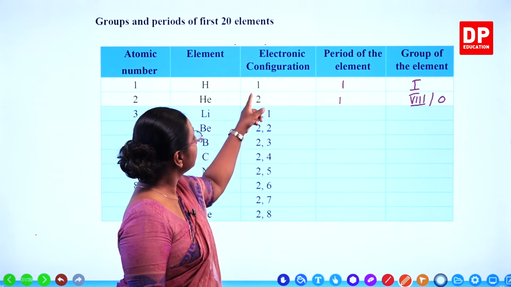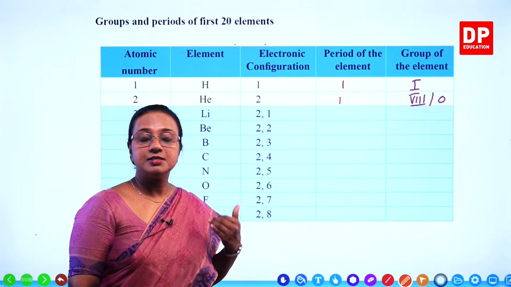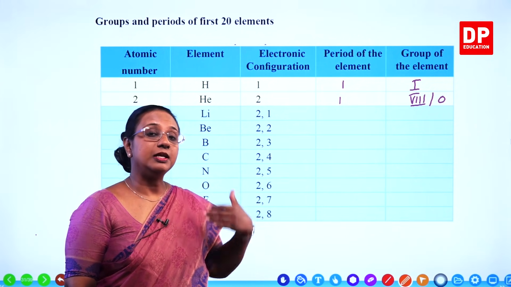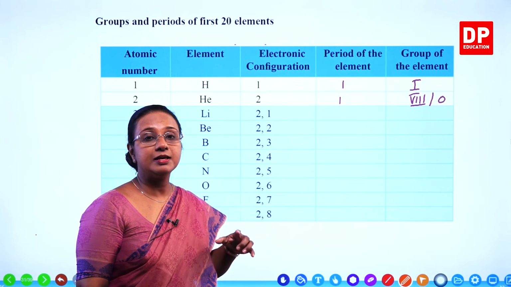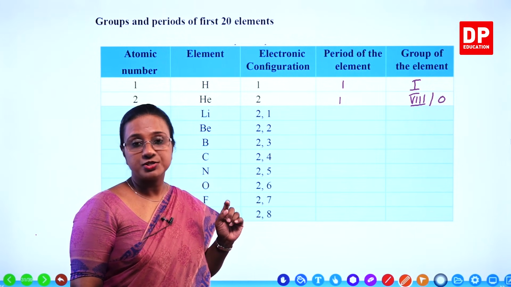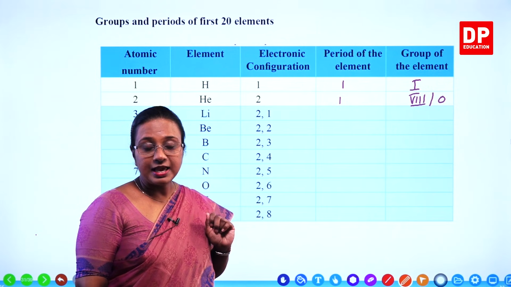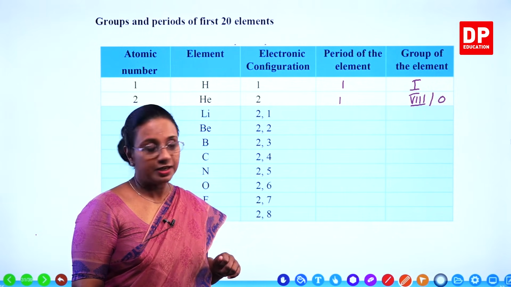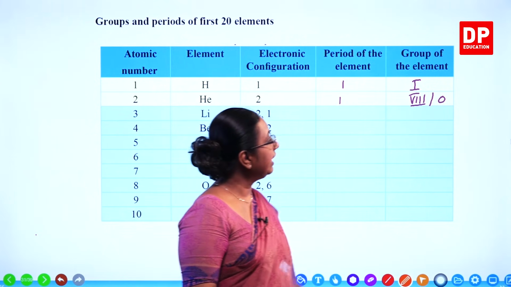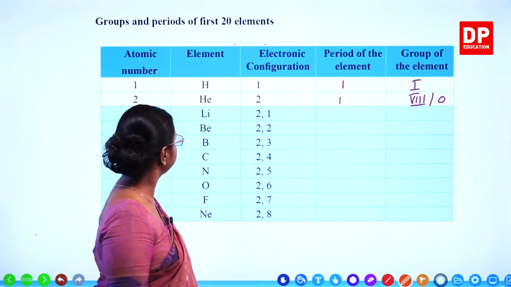Why? Although it has 2 electrons, it doesn't go to group 2, but it goes to group 8 because the maximum number of possible electrons are there, and also it is a stable electronic configuration. So it's group 8 or group 0.